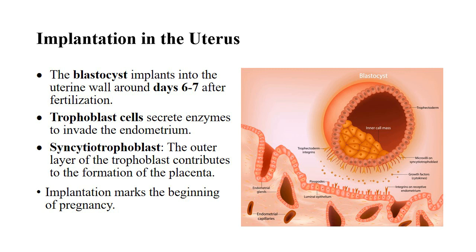The syncytial trophoblast layer formed by trophoblast cells is responsible for placenta formation and nutrient exchange between mother and embryo. Successful implantation marks the beginning of pregnancy and establishes the early placental connection for nourishment and waste removal.